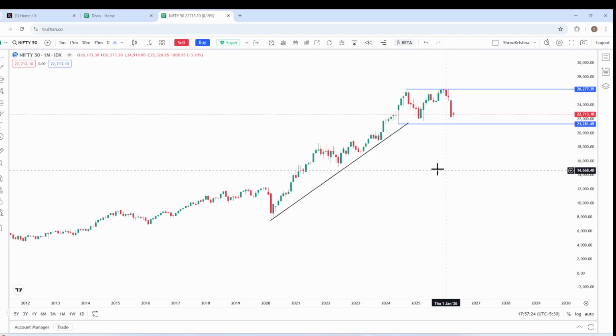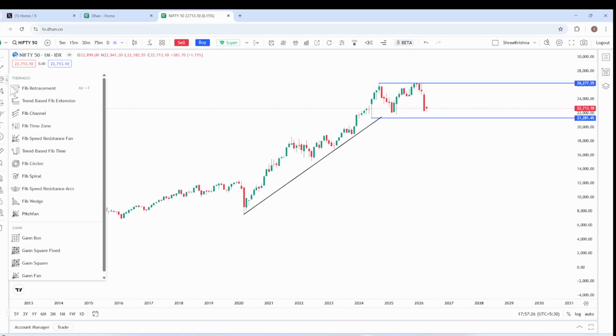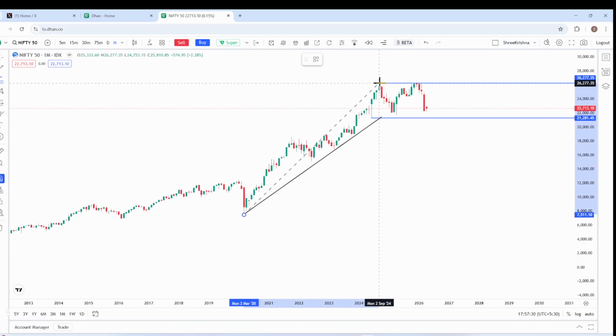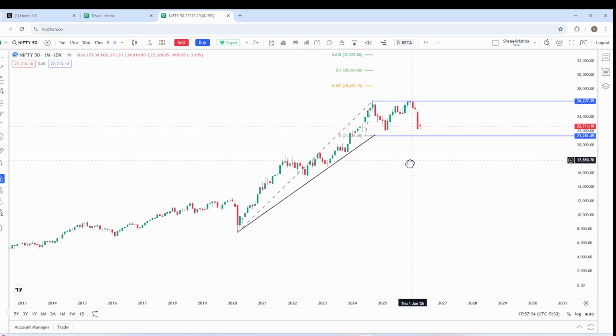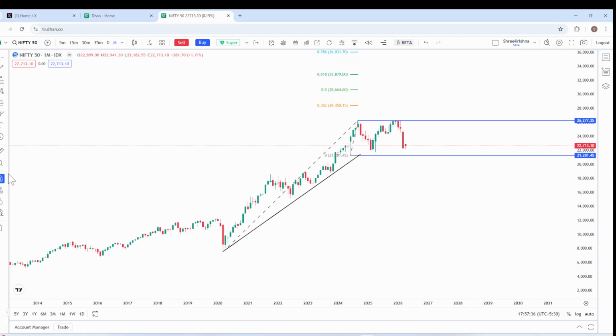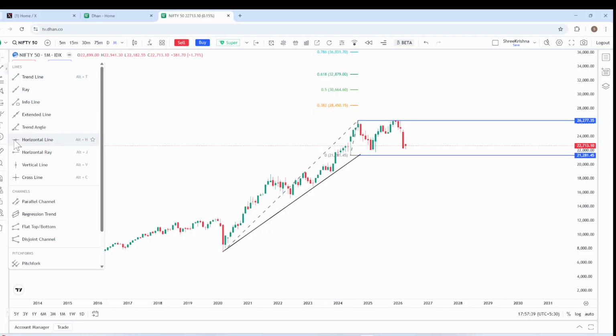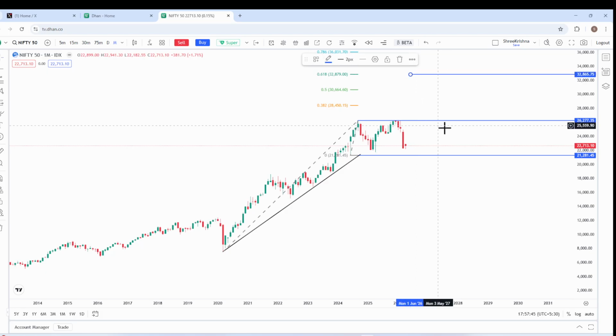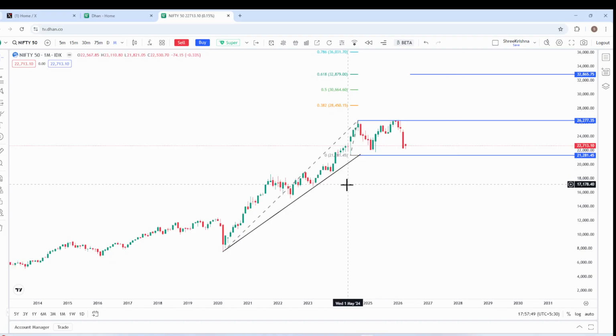Once this is completed, we are looking for an upside move. Now ideally this upside move should go 0.618 the length of the entire move. So somewhere we are looking for 32,879 or somewhere near 33,000. Okay, so this is what we are looking at right now in the market.